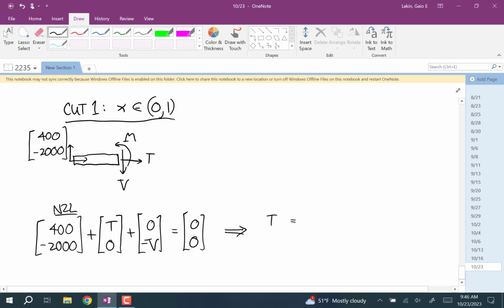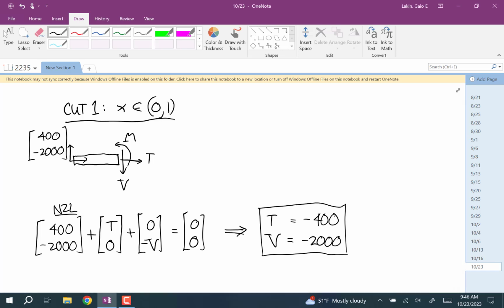And so T is equal to negative 400, and V is equal to negative 2,000. Is this beam in compression or tension on the first half? Compression, that's right. So if you have a negative T value, it means it's in compression.